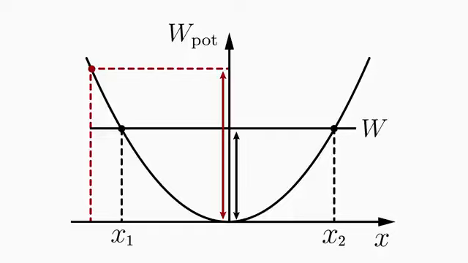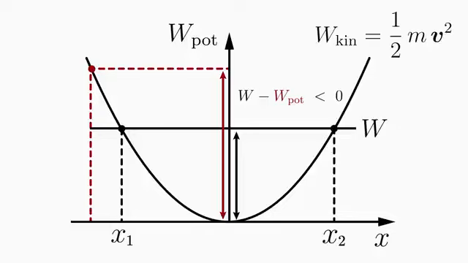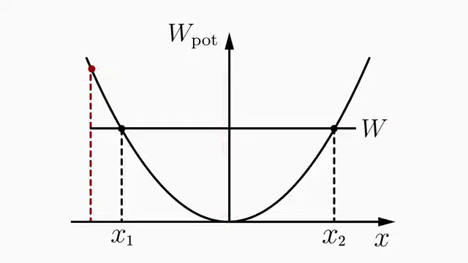So the kinetic energy, W minus W pot, would be negative. A negative kinetic energy could have the particle only with an imaginary velocity. But imaginary velocity is not measurable, not physical. Therefore, a negative kinetic energy is also not physical. This is exactly why we can expect that the classical particle can never be outside of x1 and x2.